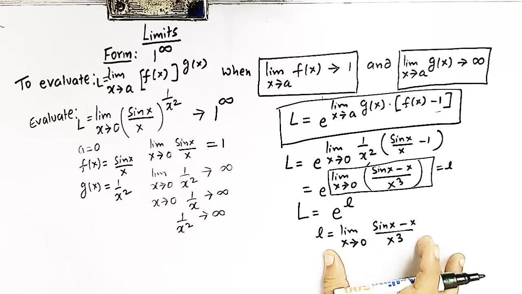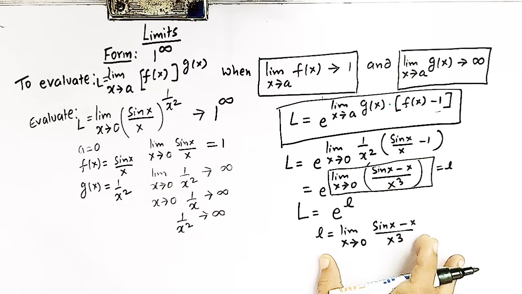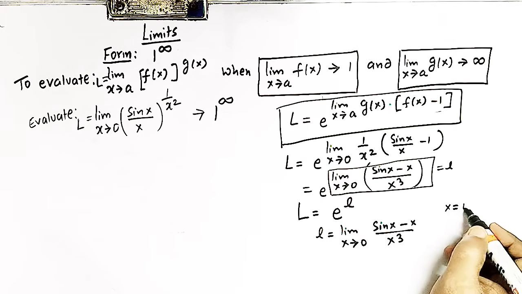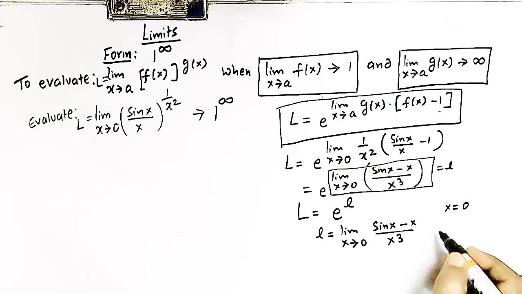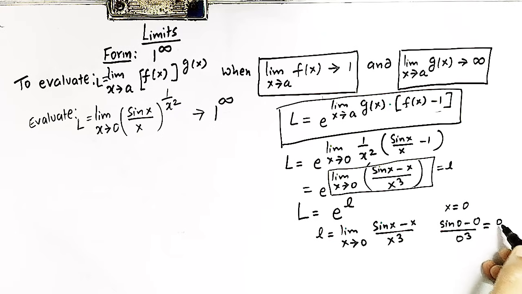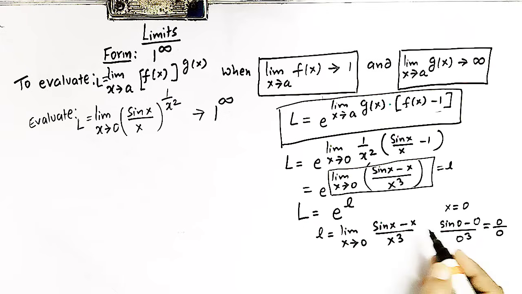To get the value of this limit, we are going to make use of L'Hopital's rule. If we take x equal to 0 in the numerator and denominator, we have sine 0 minus 0 over 0 cube. Sine 0 is 0, so we have 0 minus 0 is 0, and in the denominator we have 0. So this is of the form 0 over 0.